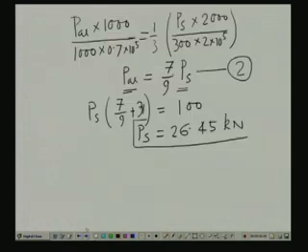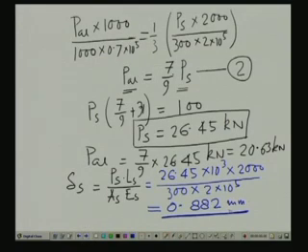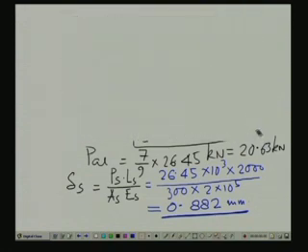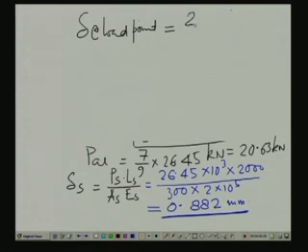So, the deformation of the point where the load is acting, say delta at load point, where the 50 kilonewton load is acting, is equal to 2/3 of 0.882 millimeter, and this is equal to 0.588 millimeter.